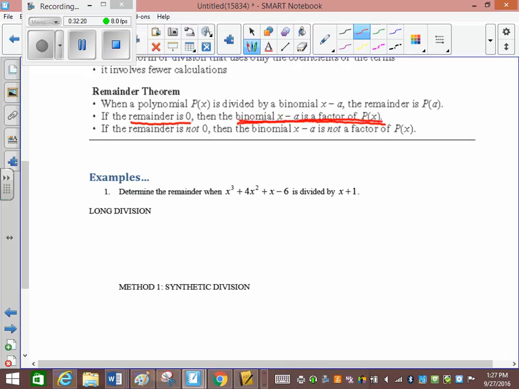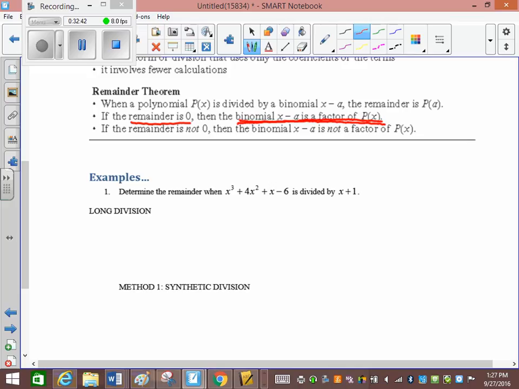So that means every polynomial you can break down into factors, right? When we did quadratics, you would factor it into 2, like most polynomials break down into factors. When you factor a quadratic, you get your 2 factors, right? Well, we can say that if we plug the binomial in and we get a remainder of 0, then it is a factor.